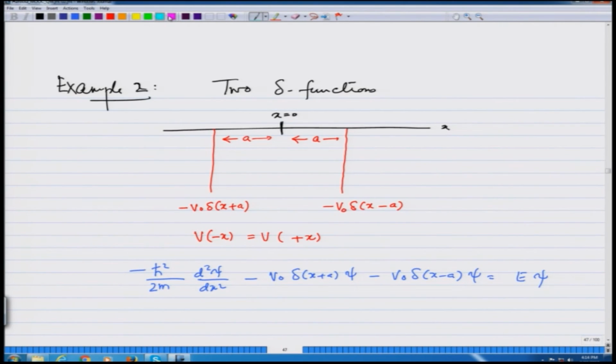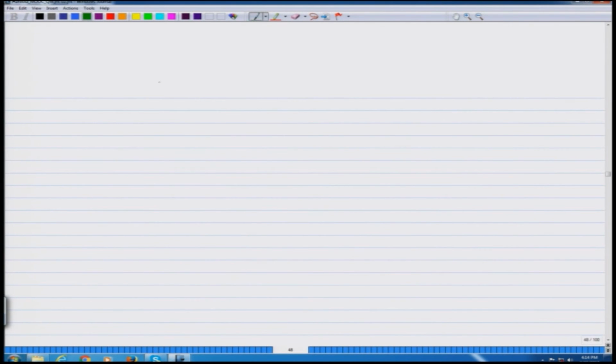For x not equal to a or minus a, the equation is minus h cross square over 2m psi double prime equals E psi, which is minus modulus of E psi. So, the equation I am solving again is h cross square over 2m psi double prime is equal to minus mod E psi, or psi double prime minus 2m mod E over h cross square psi equal to 0.